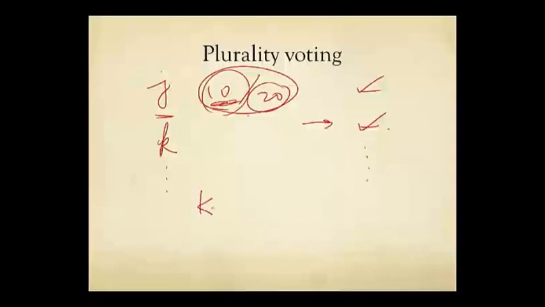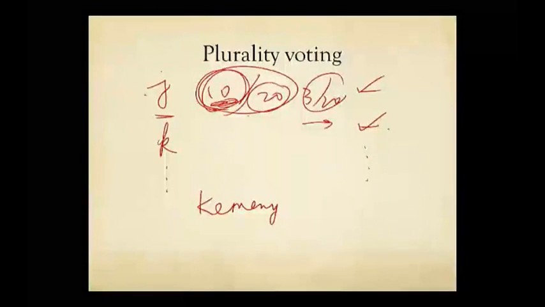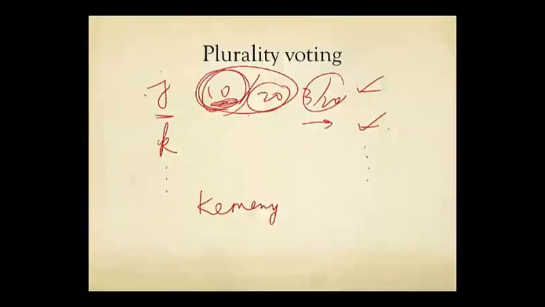There is also the mirror image of that called the Coombs voting system, which says that we count how many least-liked votes a candidate receives. Instead of looking at how many people put you on the top, I look at how many people put you on the bottom. For example, 3 out of 20 voters put candidate J at the bottom of their lists.